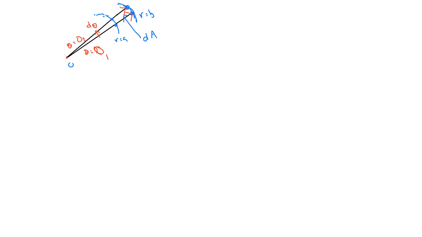So if we want to find this dA, this polar area of this polar rectangle, this is sort of crude, but this distance here is dr, which is approximately delta r. It's like the height of the rectangle.